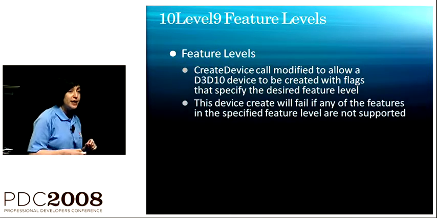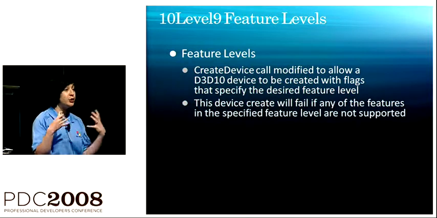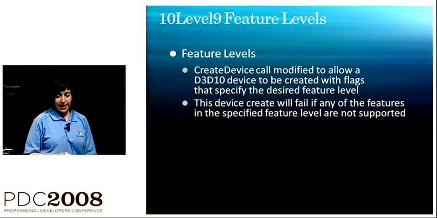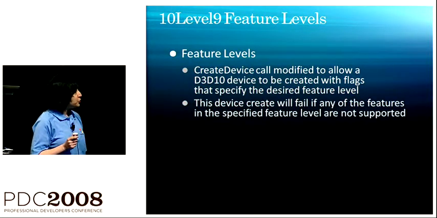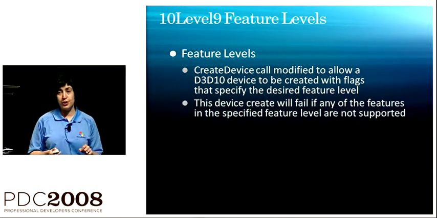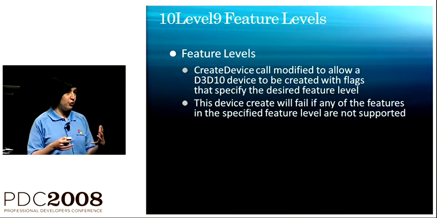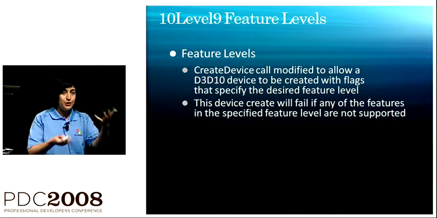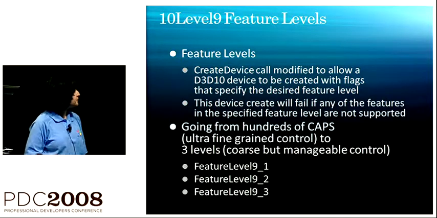And if you try and create a device that has functionality greater than the card you actually have, the create device will fail. So it'll fail if any of the features in the specified feature level are not supported. So, unless you don't check for errors, you can't mistakenly create the wrong level of device.